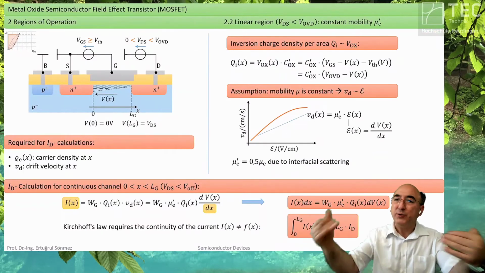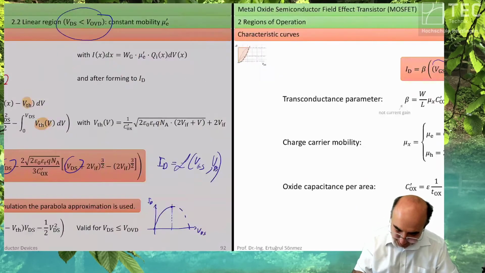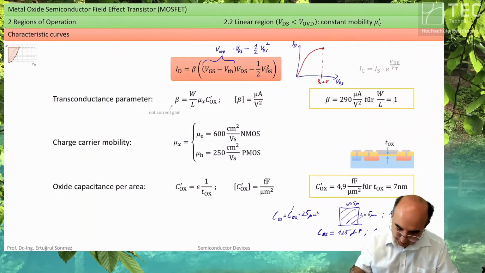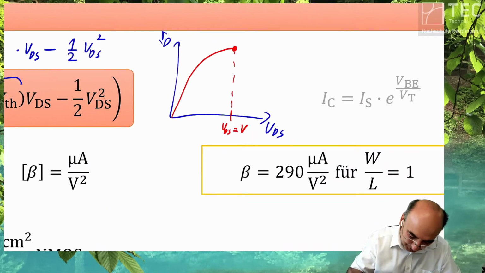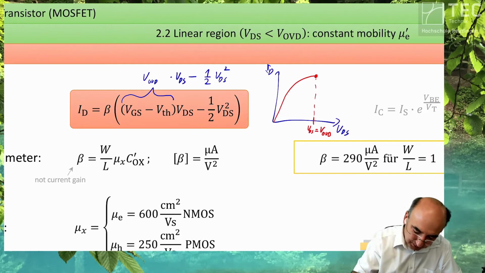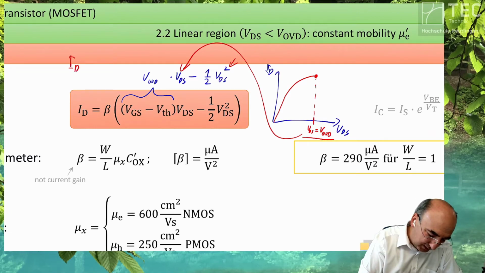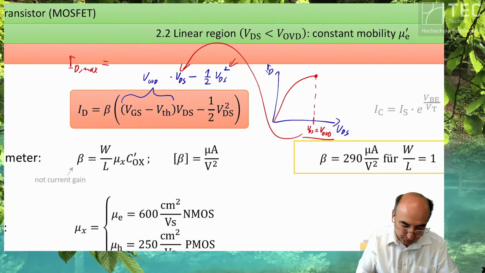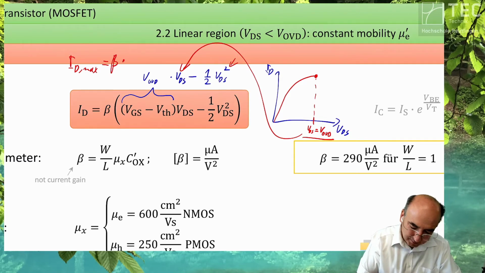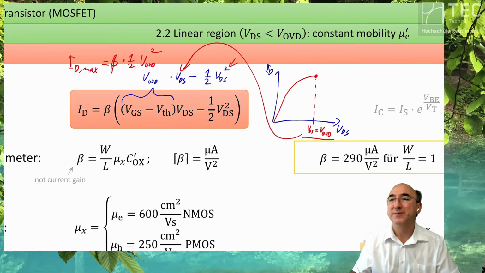Okay, so we have now the link to these slides. Therefore, I'm asking all these questions where I give the answers. Okay, that's V overdrive. Now, if you put in this equality to here and here, you get the ID max is equal to beta times 1/2 V overdrive square.